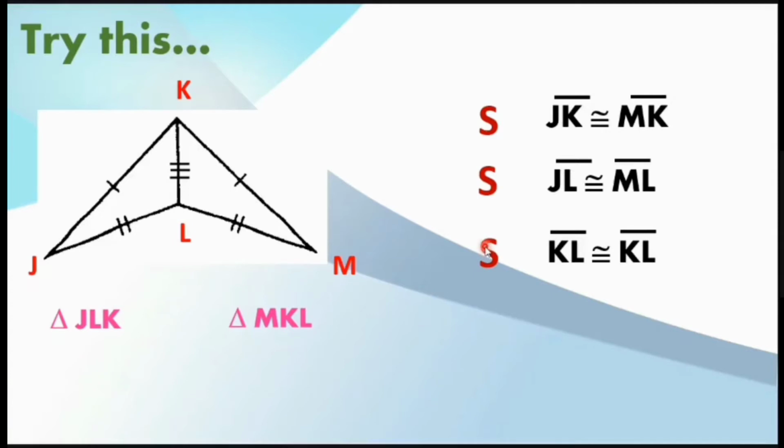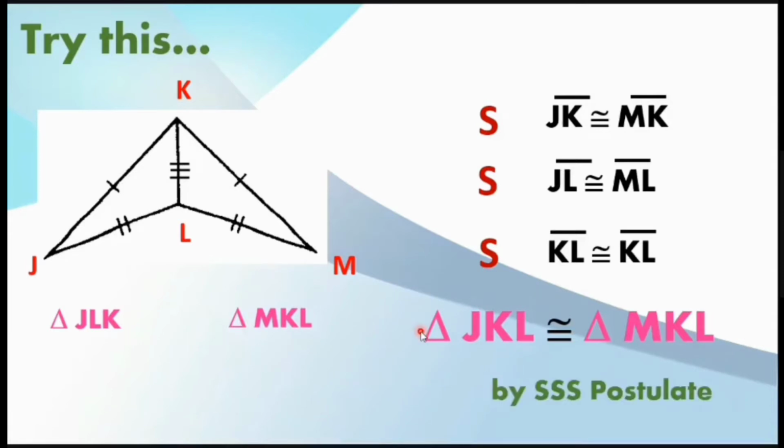Therefore, we can say that triangle JKL and triangle MKL are congruent, or triangle JKL is congruent to triangle MKL. By what means have we concluded that triangle JKL is congruent to MKL? By SSS postulate. Okay, so I hope marami ang nakakuha ng tamang sagot sa inyo.